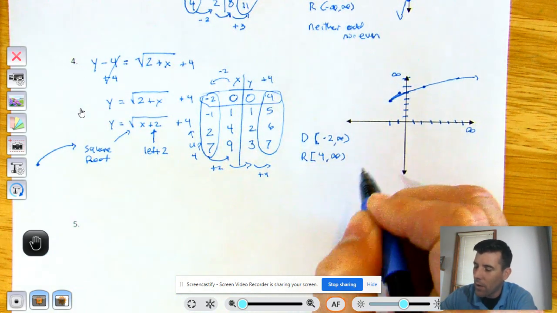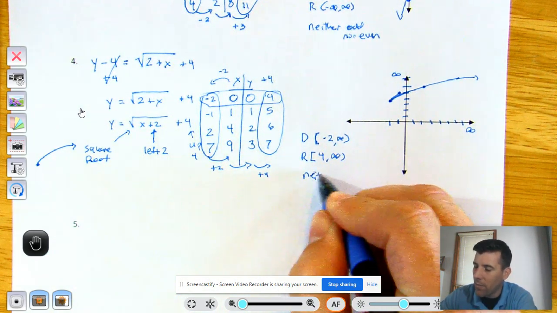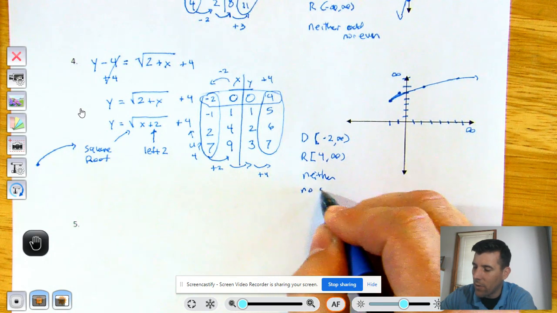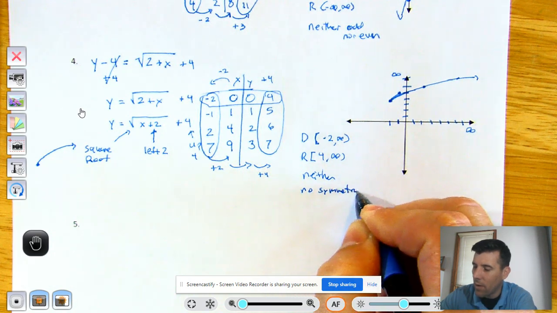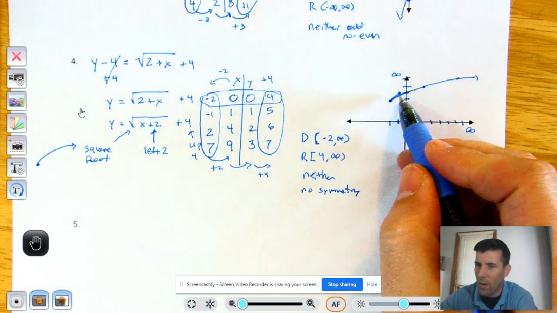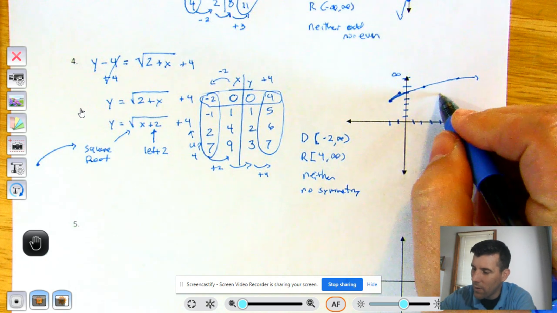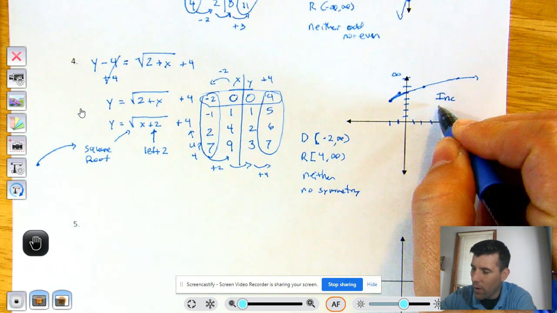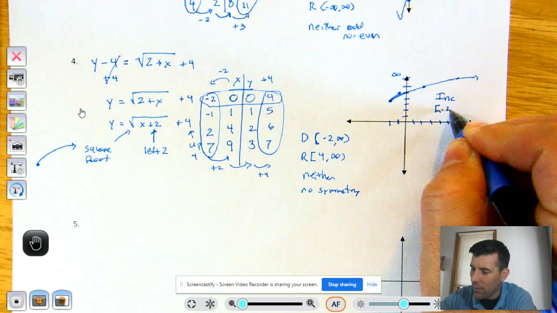It's neither, has no symmetry. And is it increasing or decreasing? Well, you can see as we move to the right, it continues to increase from the whole domain, negative 2 to infinity.